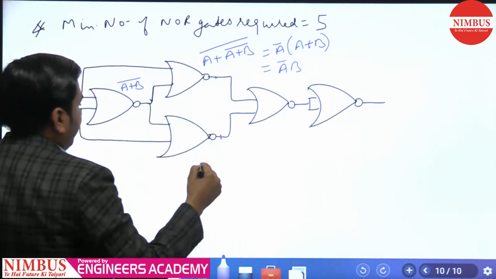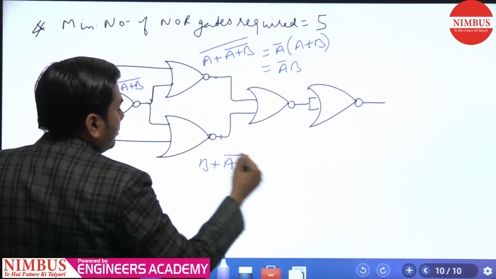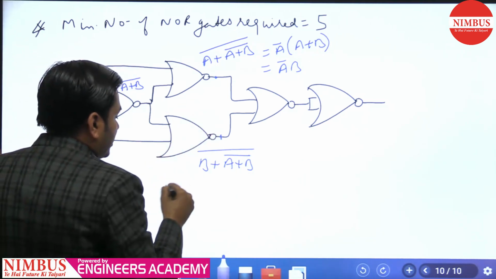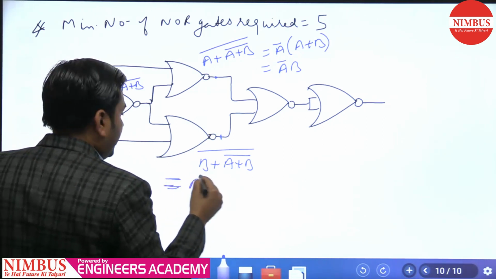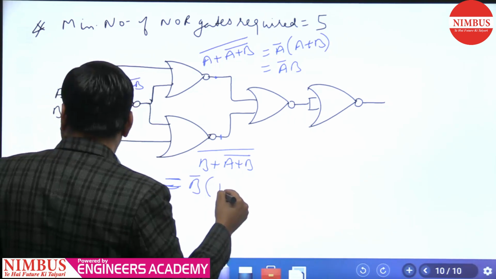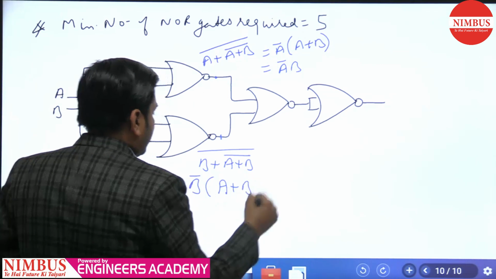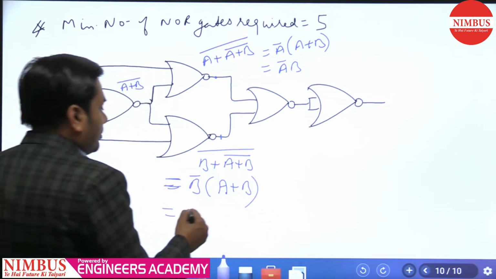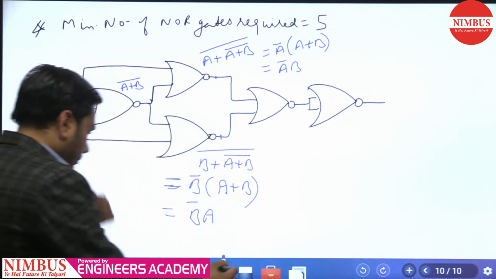For this point we are having B plus A plus B bar whole bar. After simplification we are having B bar dot A plus B, and further simplification we are getting B bar A at this point, right?